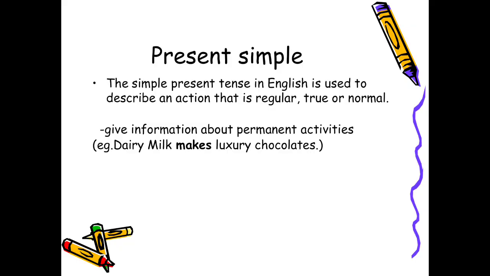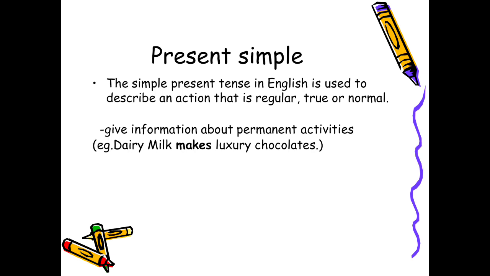Let us see what is present simple tense. The simple present tense in English is used to describe an action that is regular, true, or normal. Note these three words. Something which is regular, that is something which has been happening for a long period of time. Which is true, something which is a state, or something which is normal, so it happens at regular intervals.